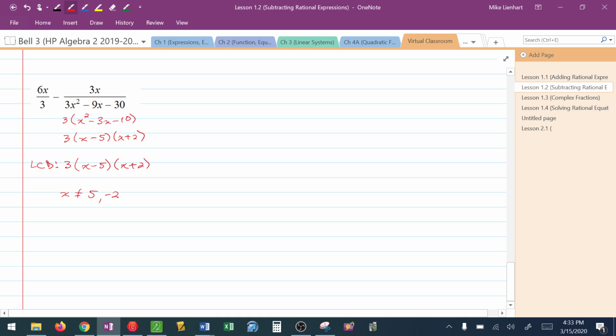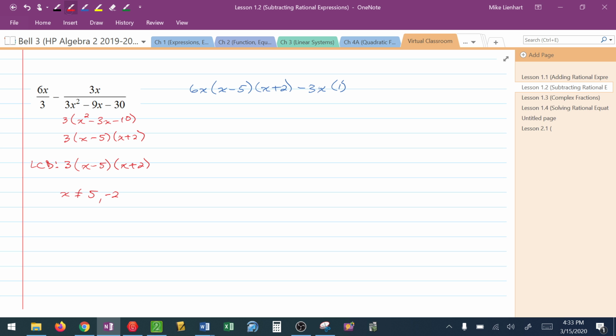Okie dokie. Step 2, play the game. So I've got 6x. Let's see, I have to multiply that times x minus 5 and x plus 2. And then I have minus 3x, and from that denominator, I'm not missing anything, so I'm going to multiply it by 1. All right, so let's see here.